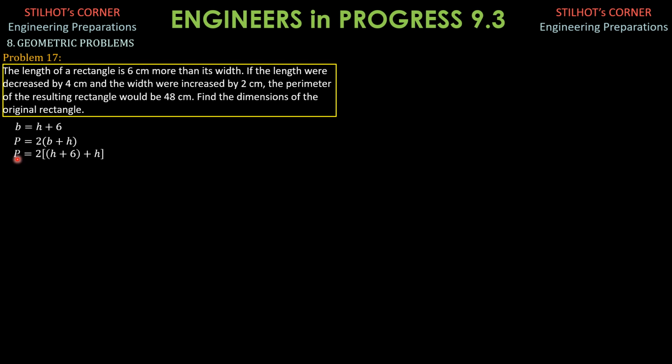So we use this perimeter formula here and equate it to 48, then we replace B by H plus 6 minus 4 since it is decreased by 4, and H is increased by 2, so this is H plus 2.